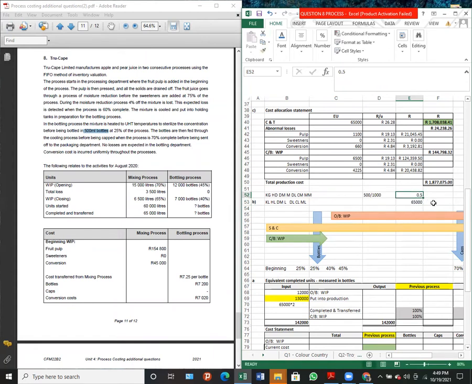Liter divided by liter, you want to know how many bottles, this divided by this. You see, guys, you still get the same thing.